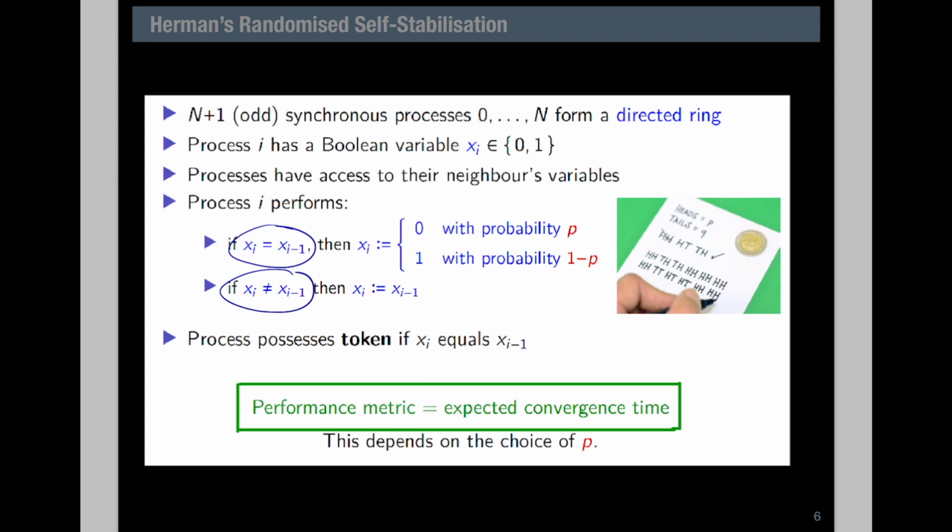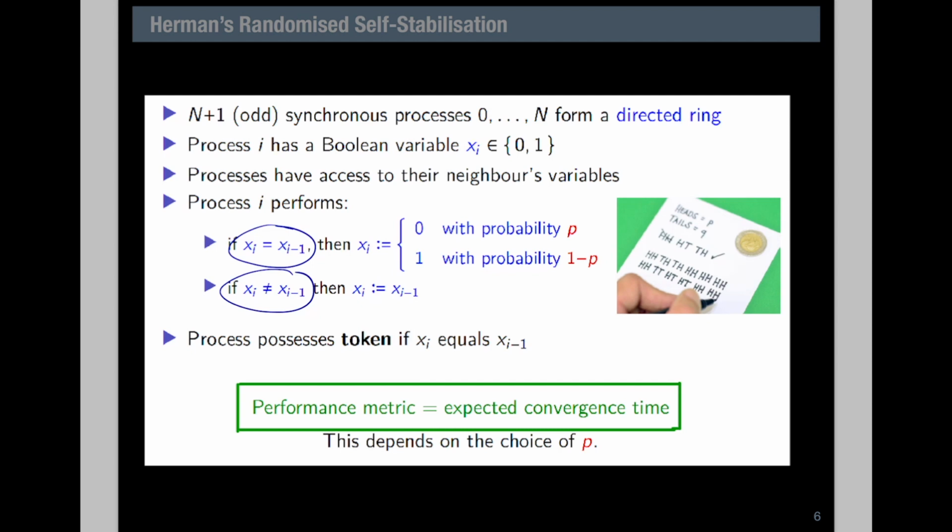And now you can say, for instance, that a process possesses a token if it has the same value as its left neighbor. And suppose that we're interested in a stable situation where the system has only a single token. So then we would like to have only one process whose left neighbor has the same value.